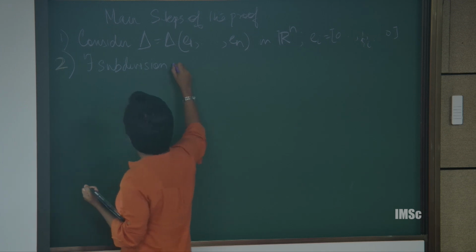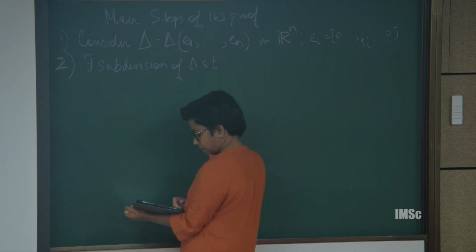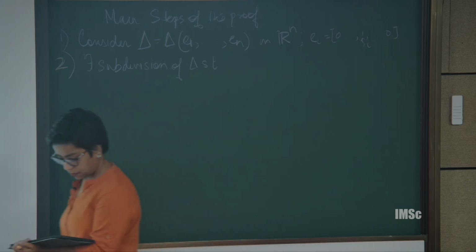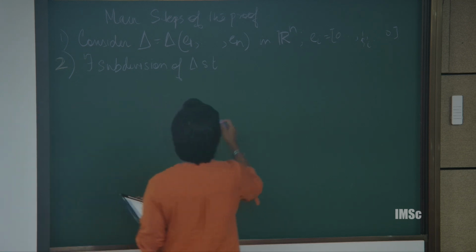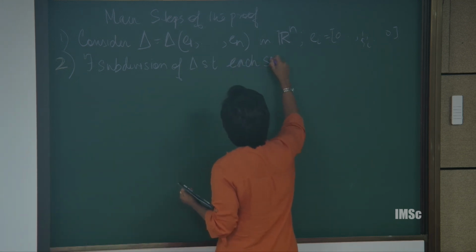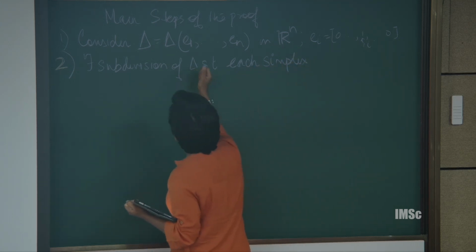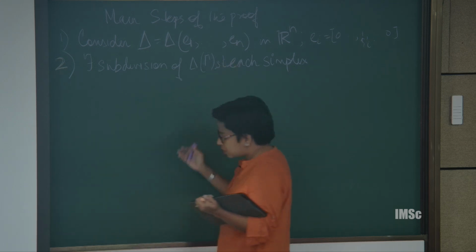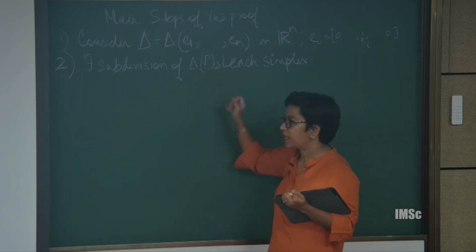There exists a subdivision of delta such that each simplex in the subdivision, let us call this gamma. We will refer to this subdivision, meaning the collection of the smaller simplices, as gamma.